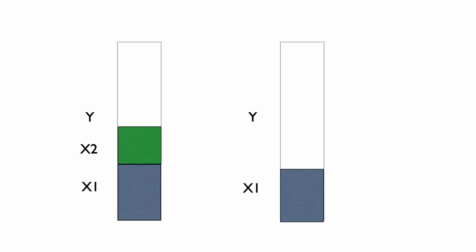So this situation here would be great because we added completely unique variance. When I put x2 in, it just went right on top of x1. That's beautiful. That's great. But in the other situation, we're going to add x2's variance in.